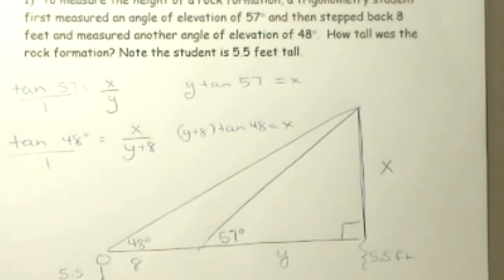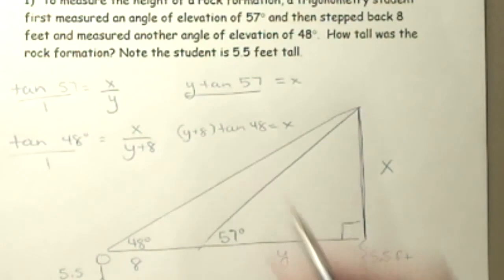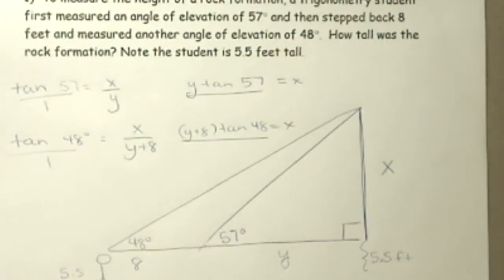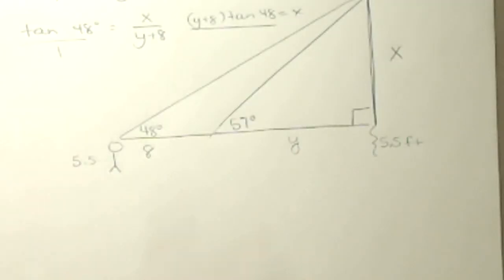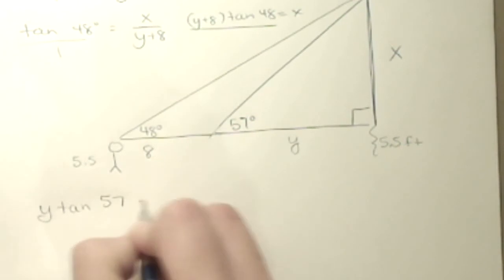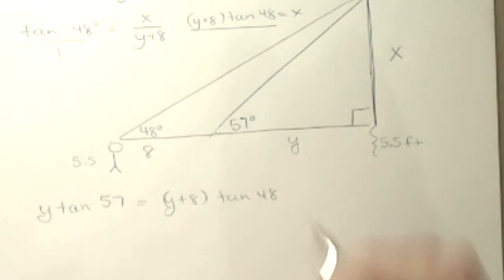Due to the transitive property, if two things are equal to x, those two things are equal to each other. So y tangent 57 must equal (y plus 8) tangent 48. So I'll set them equal to each other.